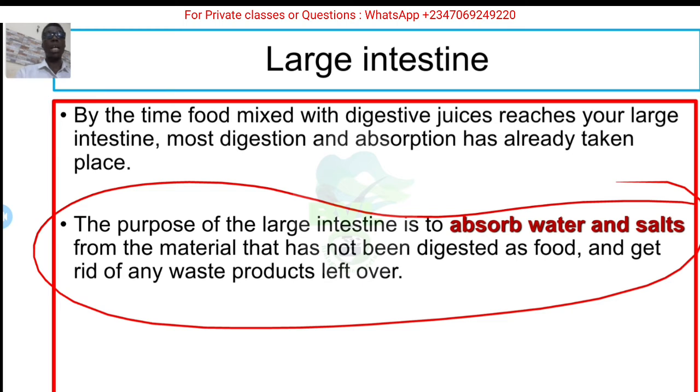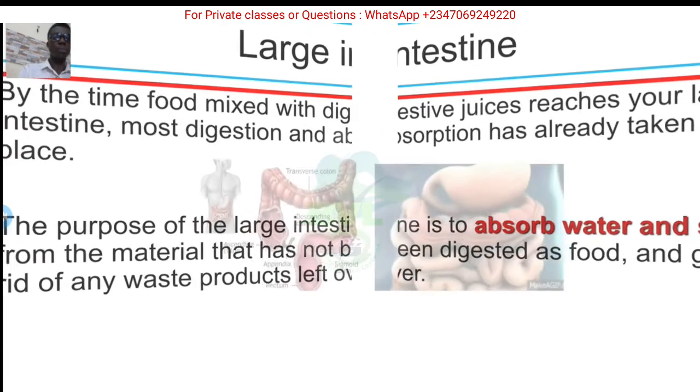The mineral ions that were not absorbed will be absorbed here. So if you are asked what the functions of the large intestine are: absorption of water and mineral ions from the undigested food, which is going to be fecal matter. Secondly, it helps to store the fecal matter, even though that's really done in the rectum. But what happens in the large intestine is absorption of mineral ions from the undigested food, as it were.